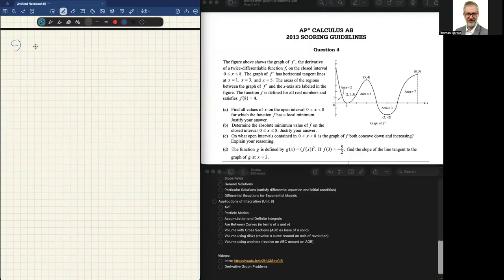Okay, so here the condition that we're looking for is increasing, that means f prime is greater than 0, and concave down, that means f double prime of x is less than 0. Concave down, and this means increasing.